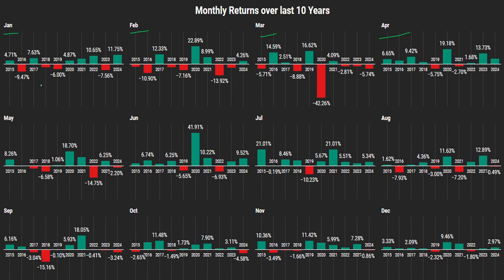The January month in the last 10 years gave positive returns 6 times and negative returns 4 times. The February month only gave positive returns 4 times and negative returns 6 times out of the last 10 years.